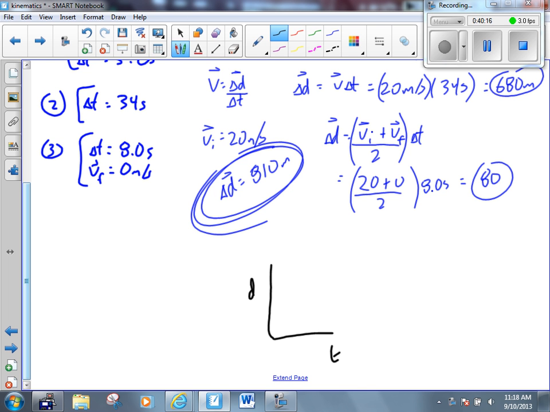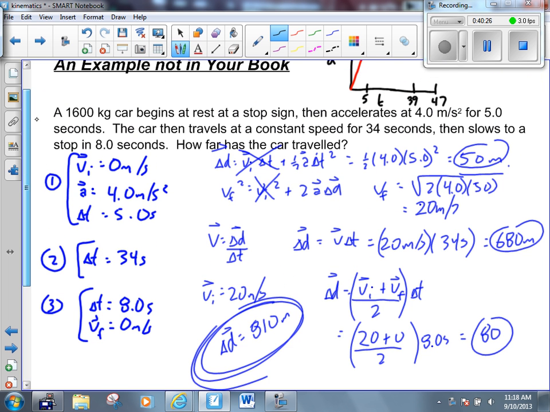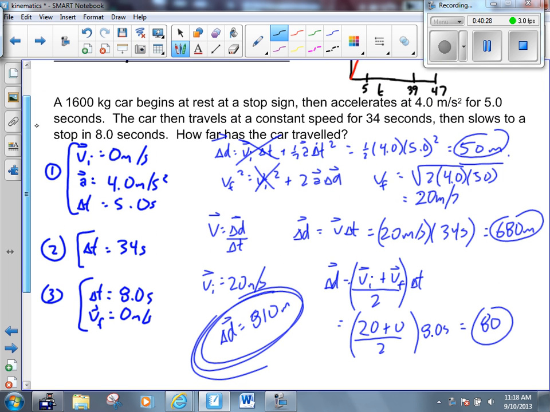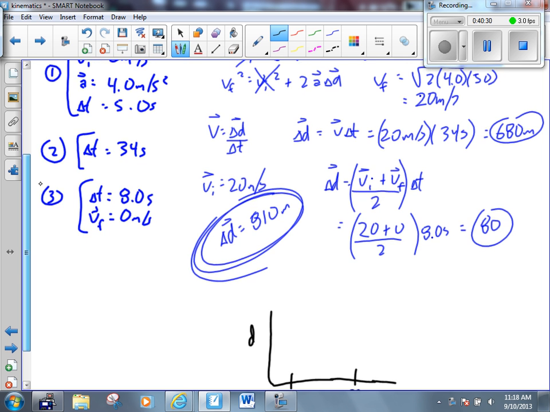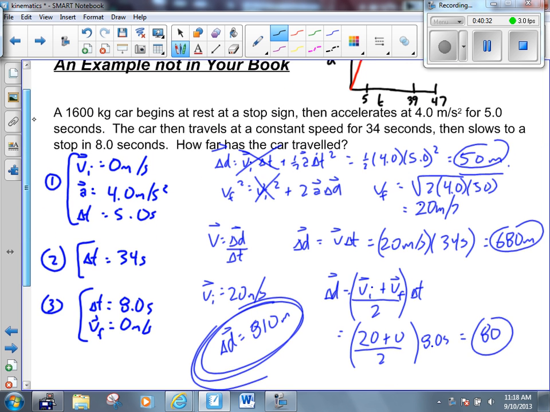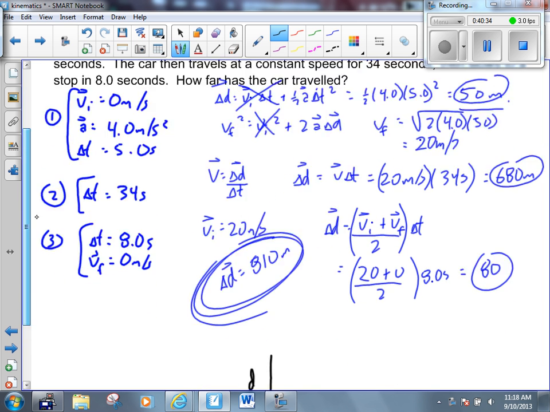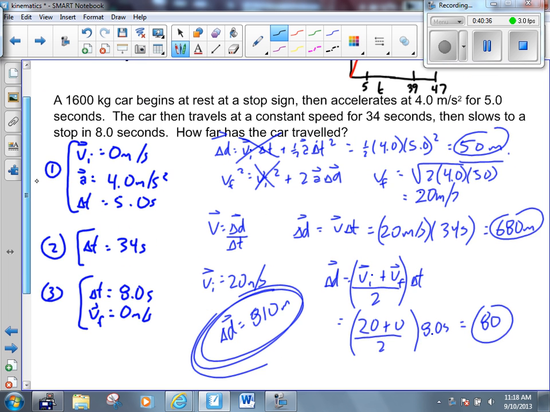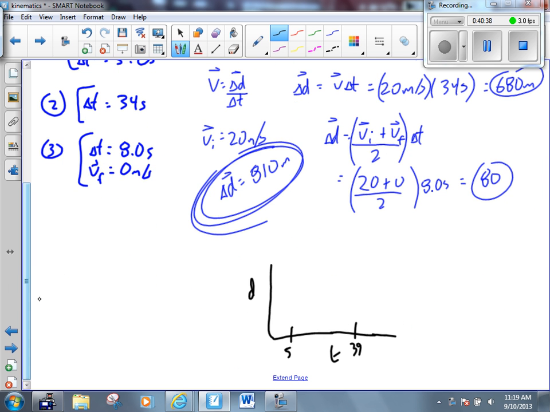What do we say it was? 5 seconds, 39 seconds, and 47 seconds? Well, it is 34 seconds, but it's 34 seconds after the 5 seconds, right?